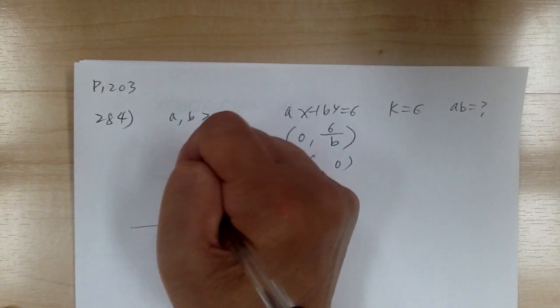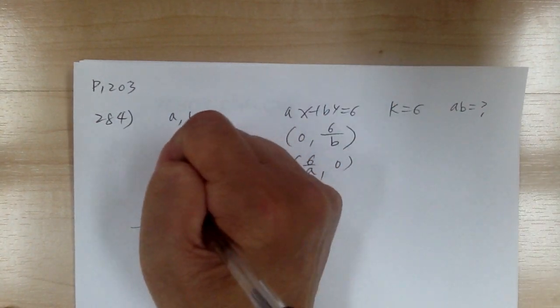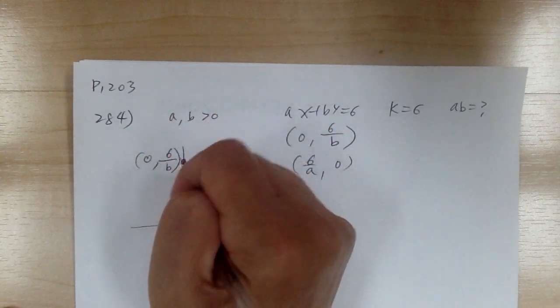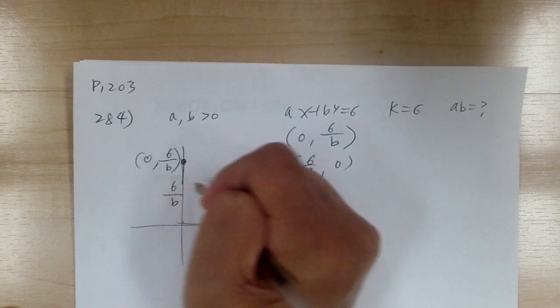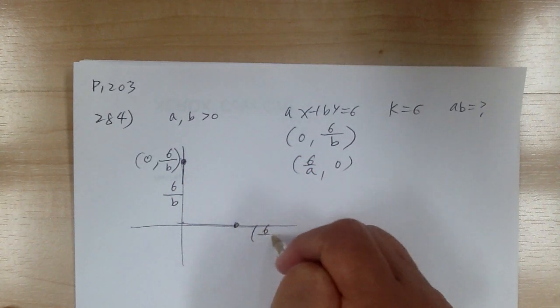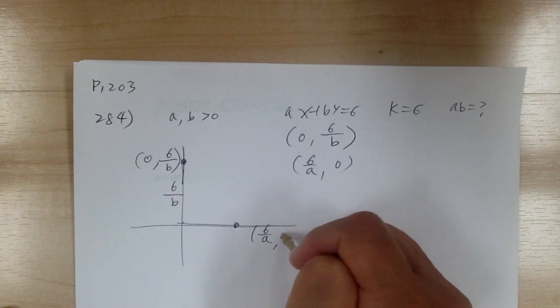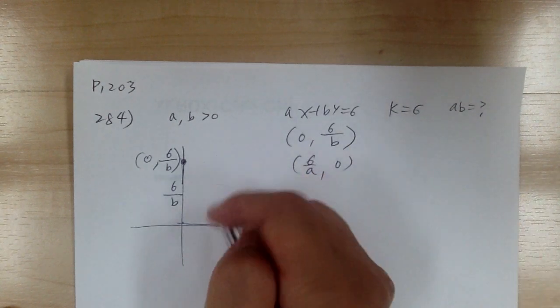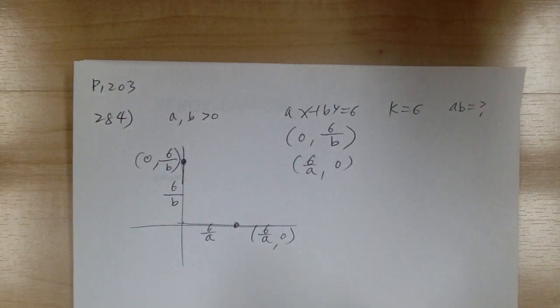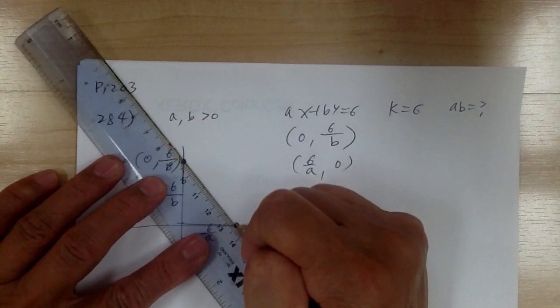So this point would be (0, 6 over b), so the height would be 6 over b. And this point over here would be (6 over a, 0), so this would be 6 over a. And so here is your triangle.